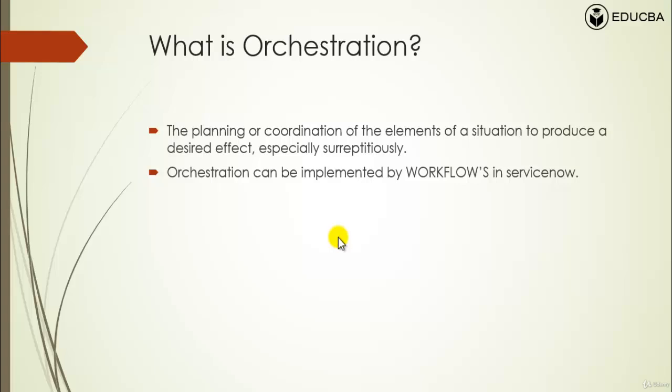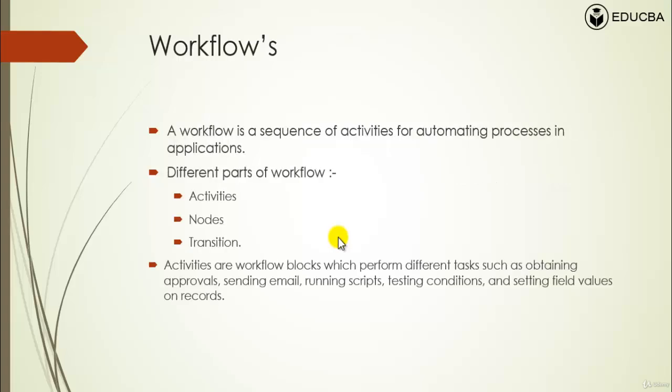So let's understand what a workflow is, because before getting into the practical implementation, we need to have a decent idea of what those actually mean. A workflow is a sequence of activities for automating processes in applications. So it's again the sequence of activities, which is orchestration.